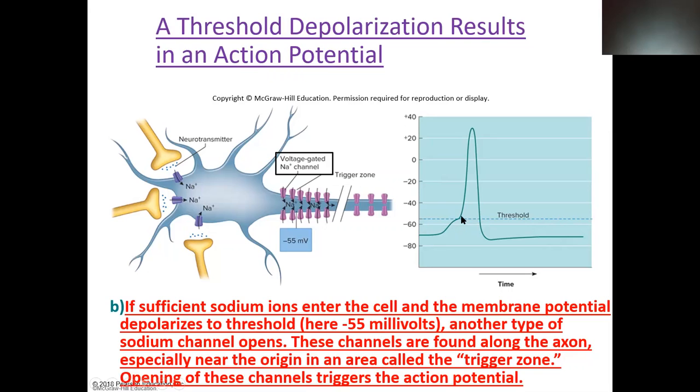And what happens after that is very, very fast. So we have an immediate upswing on this graph in a positive direction. When we move in the positive direction, that means we're moving away from polarization. So right on this graph, this side right here, you want to write depolarization.